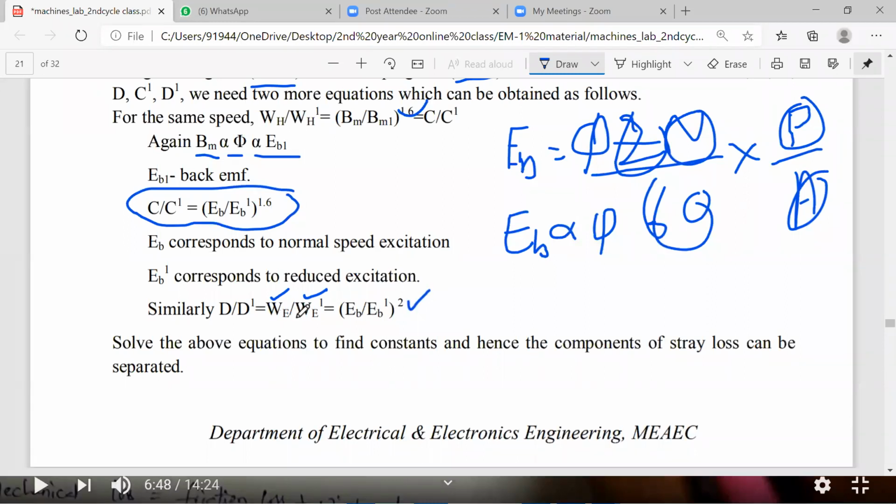Eddy current loss at rated excitation and eddy current loss at reduced excitation. So WE by WE dash equals EB by EB dash whole square. Solve the above equations to find out the constants, and hence the components of the stray losses are separated.